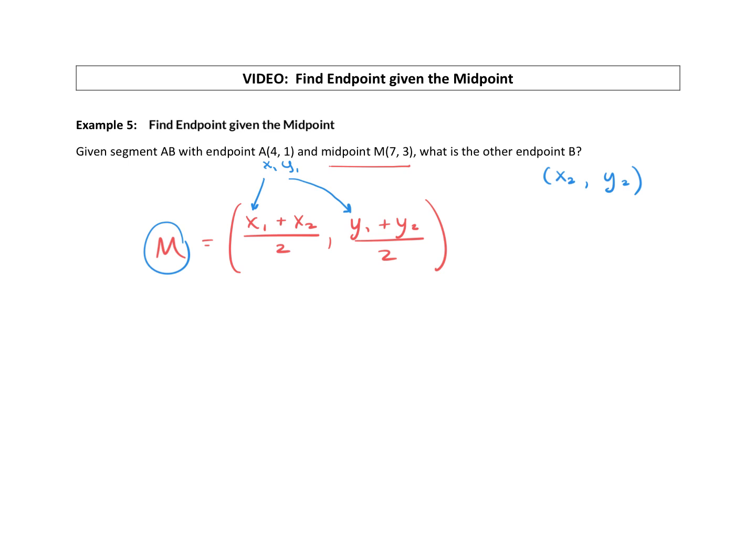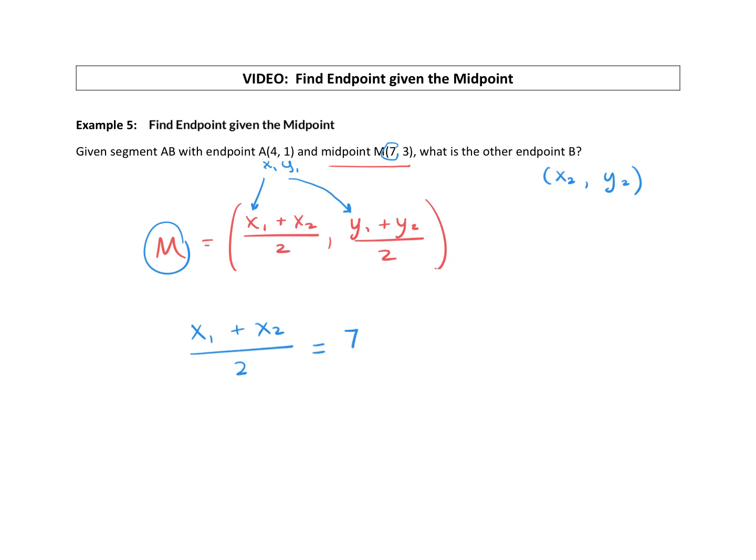So first I want to focus on the x's. We know that x1 plus x2 divided by 2 will equal the x coordinate of the midpoint. So let's fill some things in. The x coordinate of the midpoint, I just mentioned it, is that 7 right there.